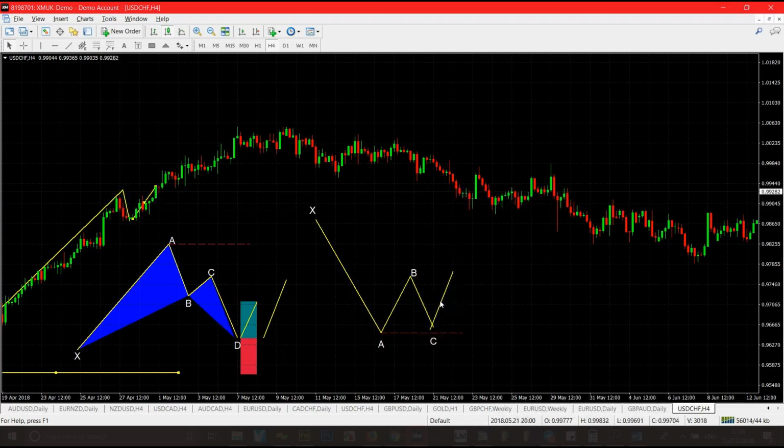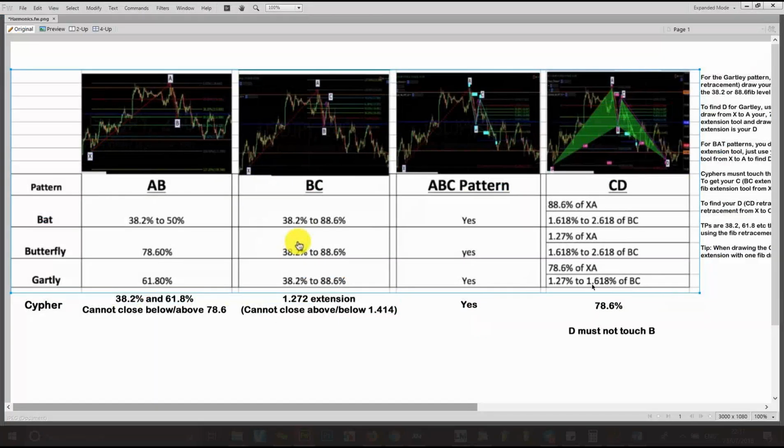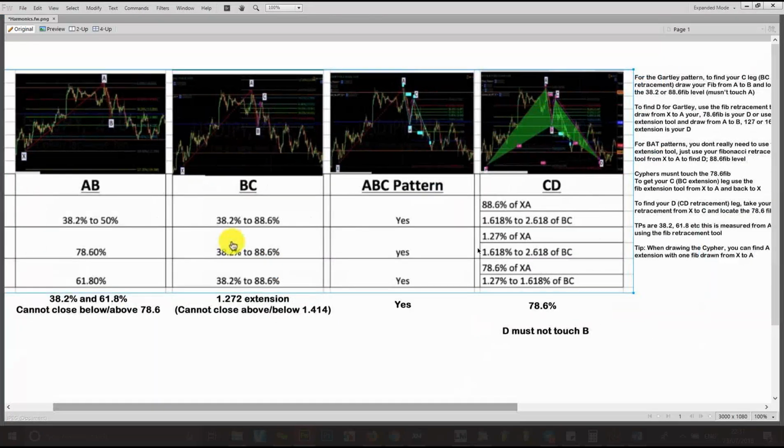So we're looking for our D. And what does the rule say? The rule says we are looking for 88.6 of XA, and you're also looking at 161.8 to 261.8 of BC.